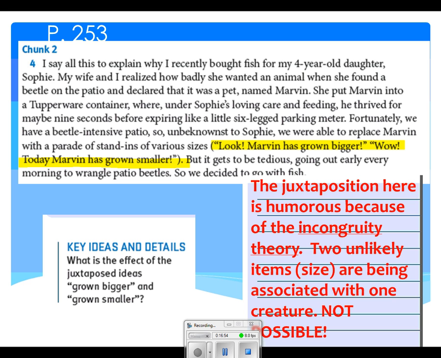It's putting two unlikely items together. Well, it's not possible for one bug to grow huge one day and then small another. It's just not natural. So the humor there is in this child's naive mind, but it's also because of juxtaposition coming into play at the comparison and the incongruity theory, the idea of something being very unlikely put together.